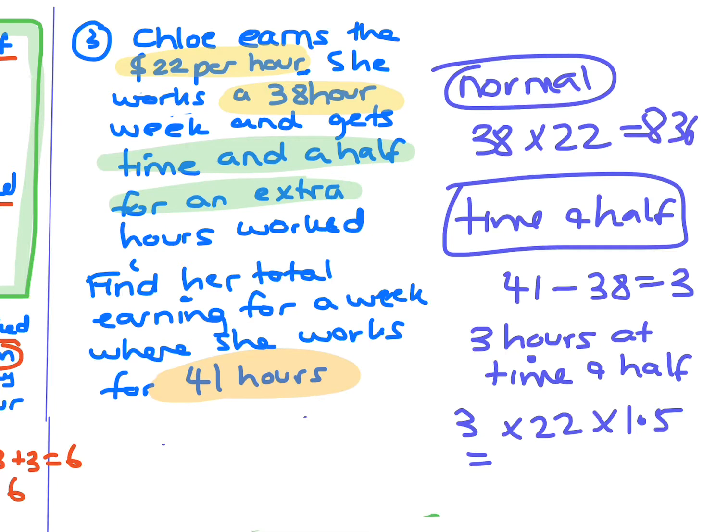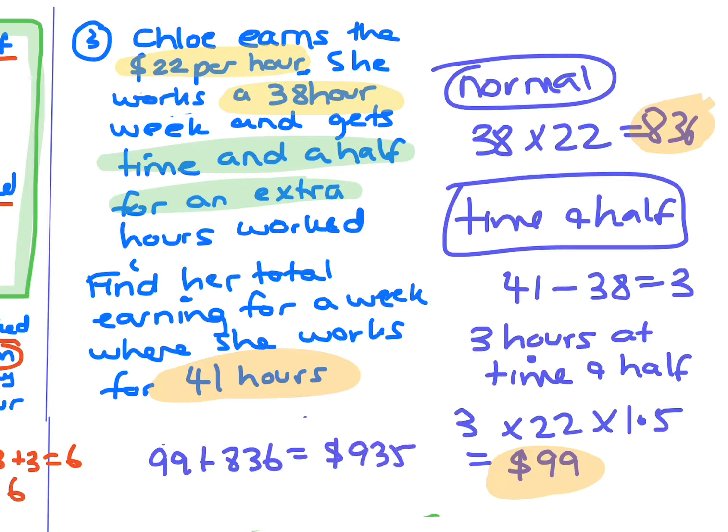And then 3 times 22 times 1.5 gives you 99. So the total of the 836 plus the 99 is $935 as your total earnings.